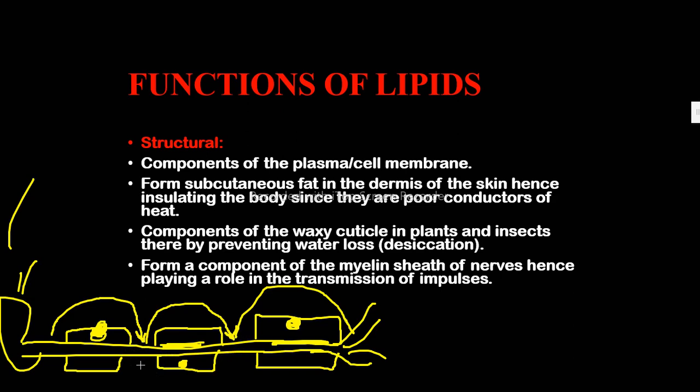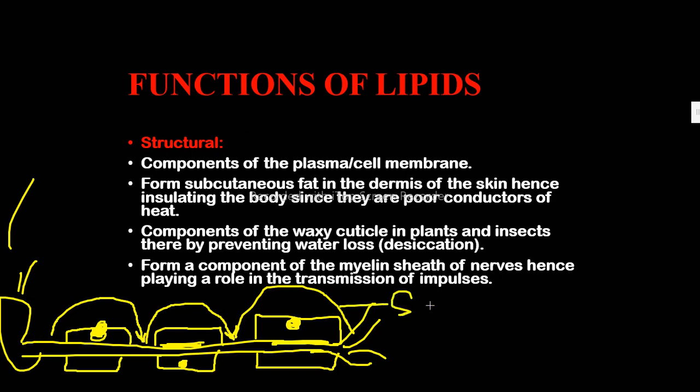And so these are the parts of the axon that will be depolarized. Okay? And so the impulse will be transmitted along these nodes of Ranvier in the form of a jump, in the form of a leap. It will be leaping from here, and then here, and then here, and then here.